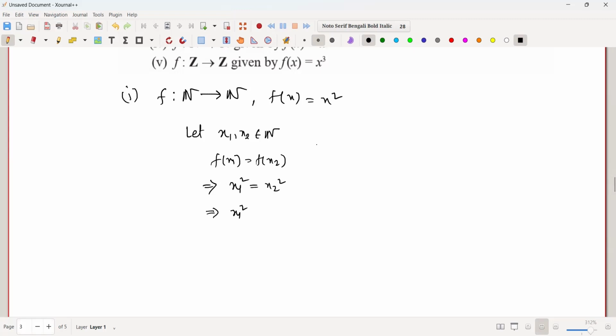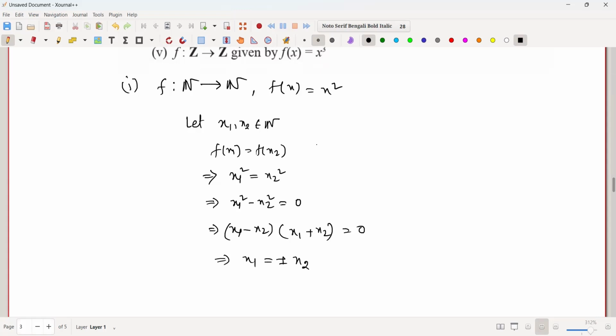That implies x1 whole square minus x2 whole square equals 0. So that implies (x1 minus x2)(x1 plus x2) equals 0. That implies x1 equals plus or minus x2. Now you have to write why minus x2 is excluded from this solution.